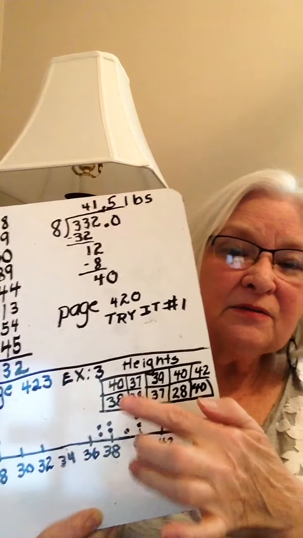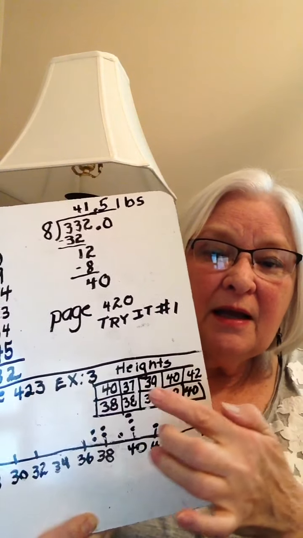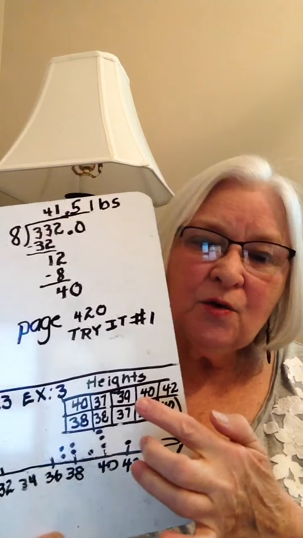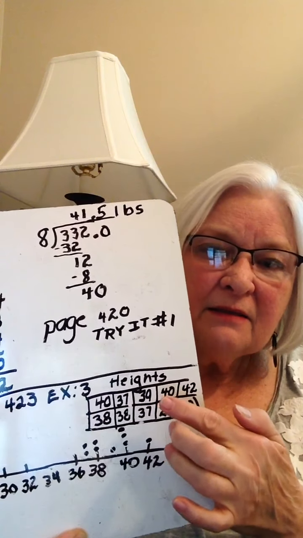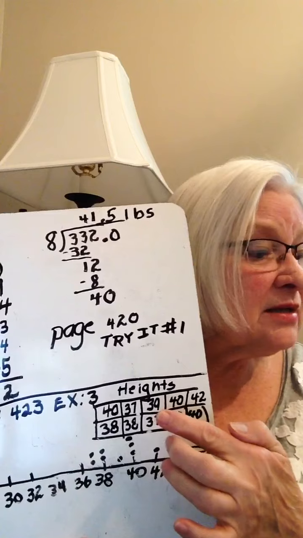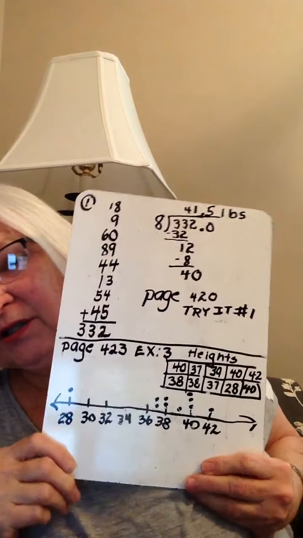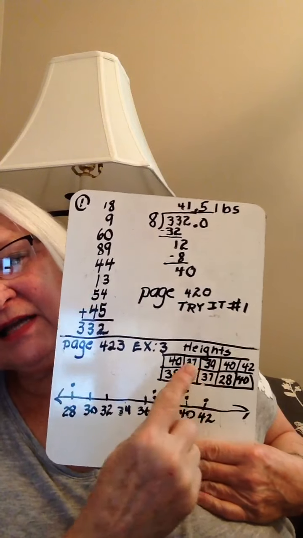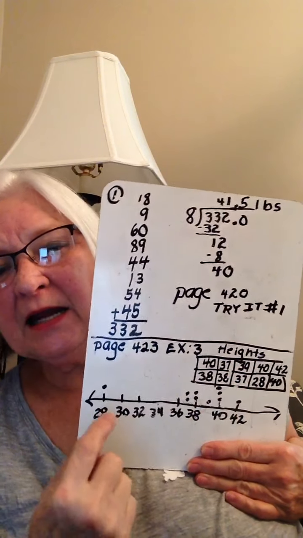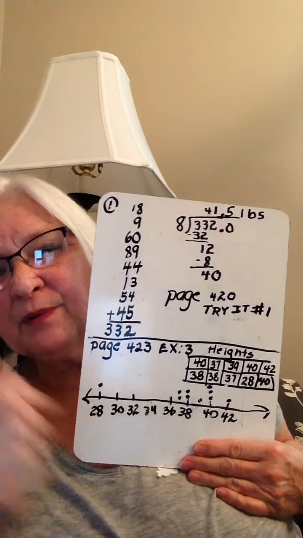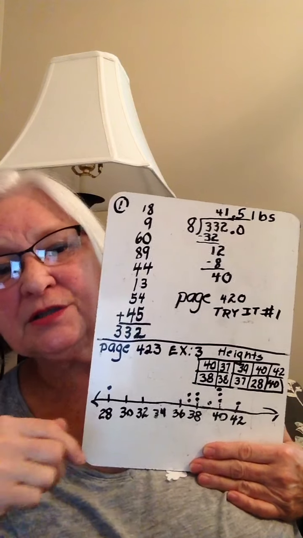Okay, so right here, I made a little chart. It's just a way to organize this data. This is how tall these Shetland ponies are in inches. And then I took this data and made what looks like a number line, doesn't it? I think I counted by 2s.